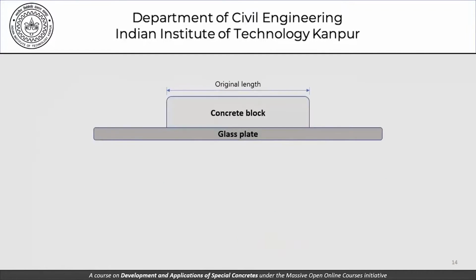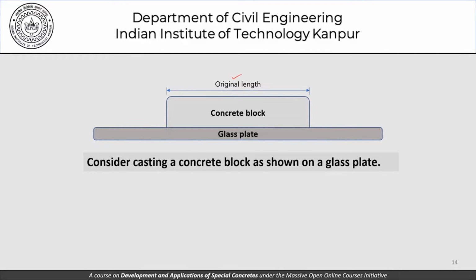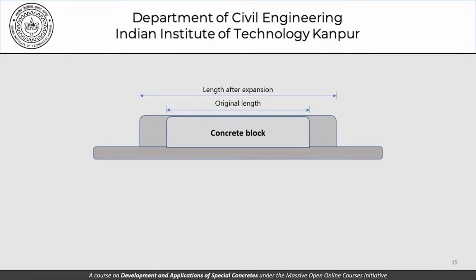Let me explain this in a very simple way. It's almost simplistic, so try to take it with a pinch of salt. We cast a concrete block on a glass plate with this as the original length. Why a glass plate? We'll see in a minute. Now, as hydration goes on and heat is evolved, some temperature rise will happen and the concrete block will seek to expand.